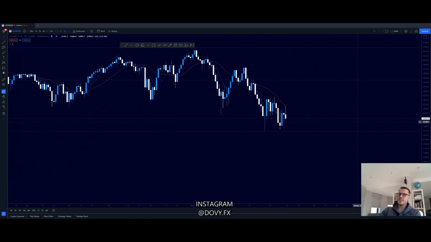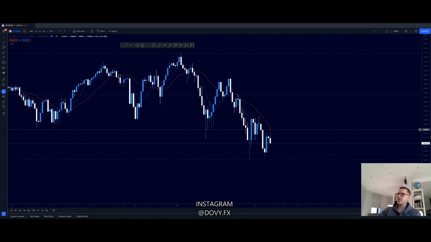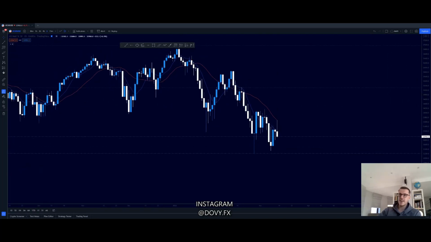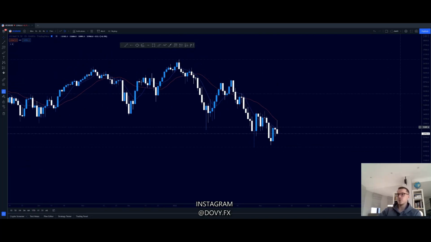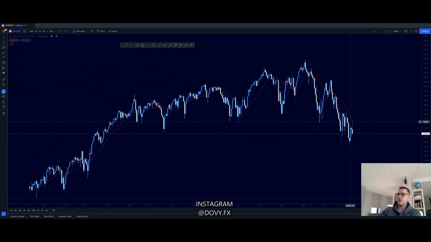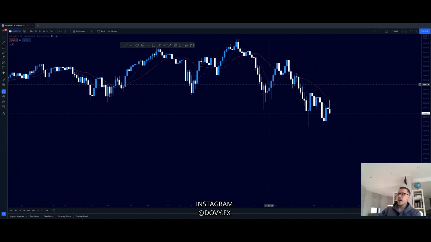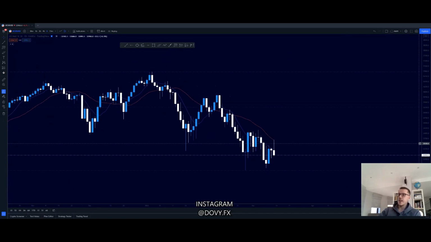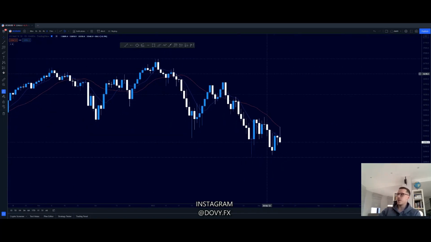So looking at the daily time frame, US30 is bearish. It's very bearish, and it's going to be even more bearish when I go down to a lower time frame. But every time before I do any type of analysis, I look at bigger time frames to have an overall understanding of what's going on in the markets in the bigger picture.